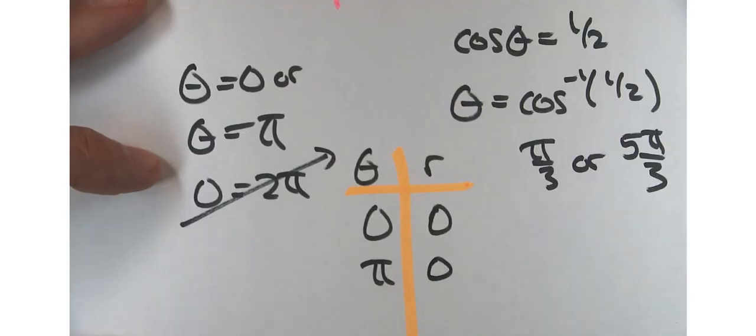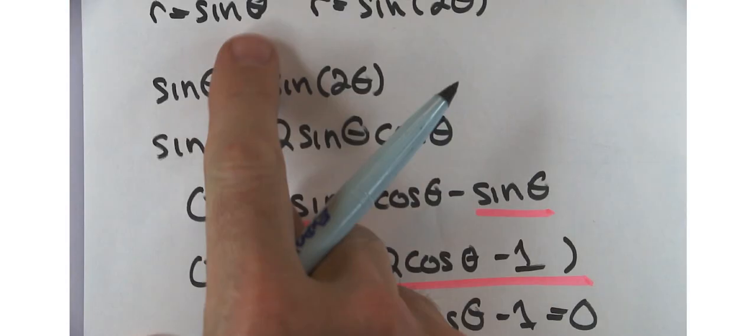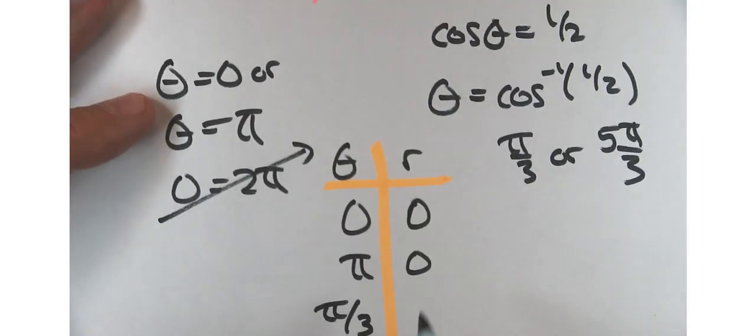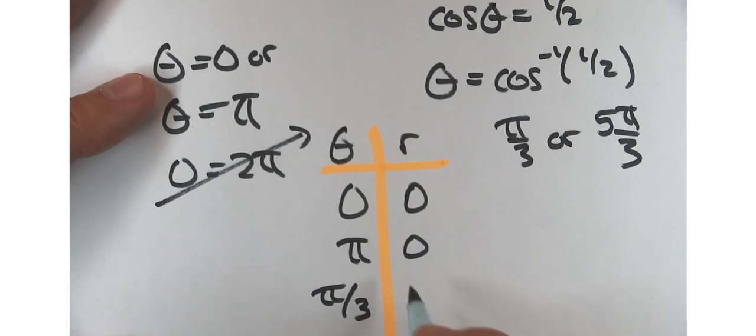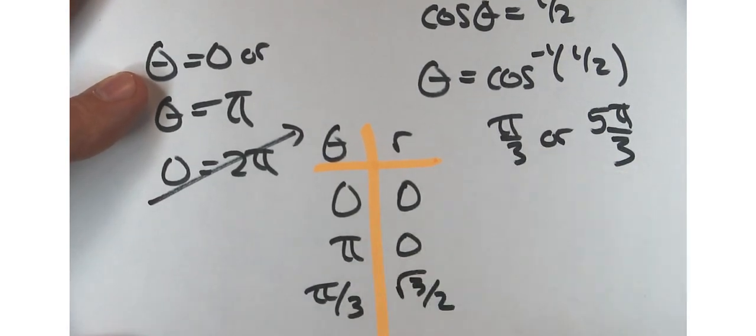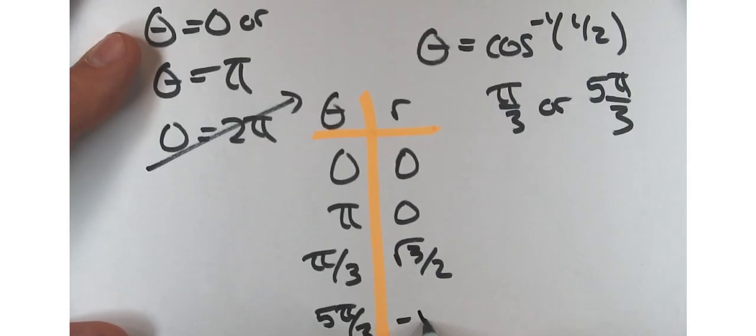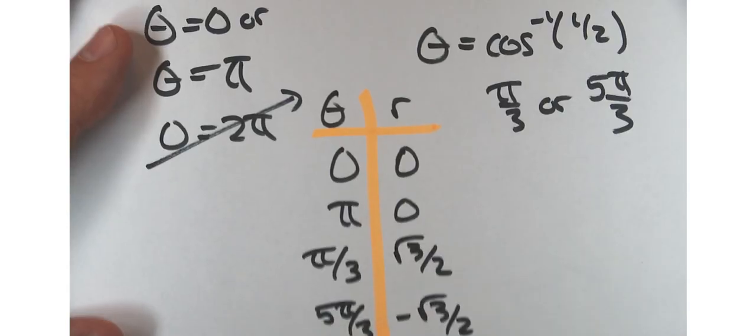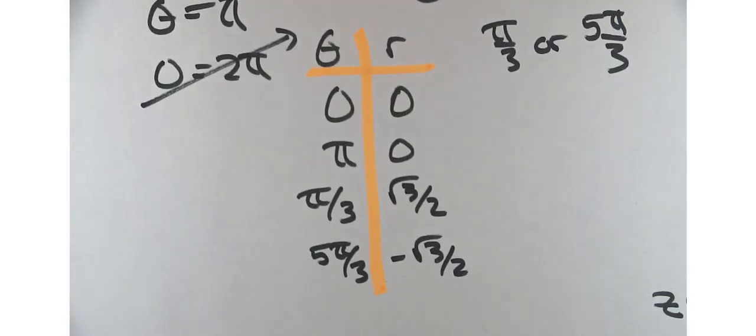When theta is pi over 3, you're going to get square root of 3 over 2. And at 5 pi over 3, you're going to get negative square root of 3 over 2. So these are your points of intersection. That's all they're asking for in this particular problem.